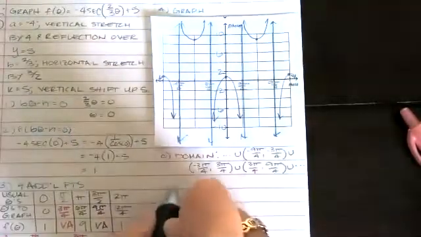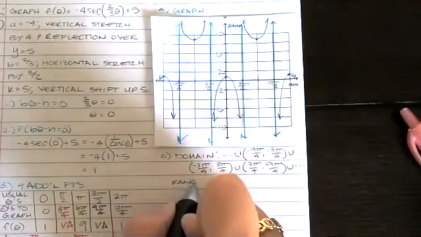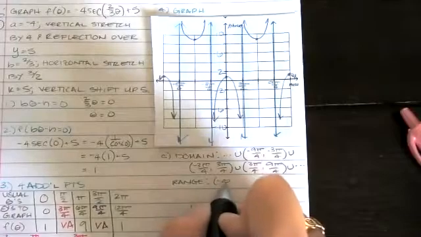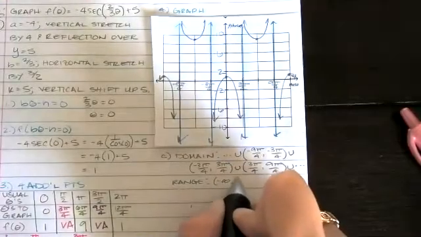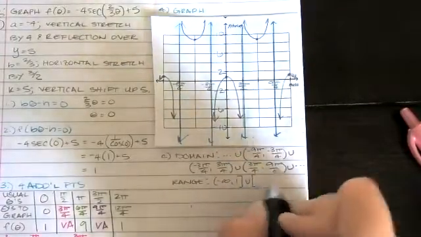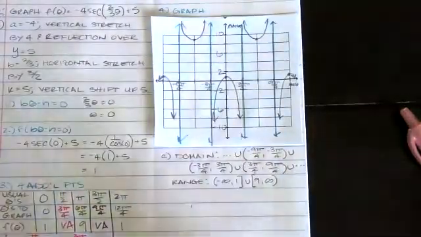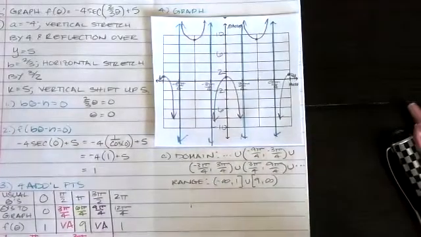And then the range. So we've got negative infinity, positive 1, and positive 9 to infinity. There we go. Is that part okay?